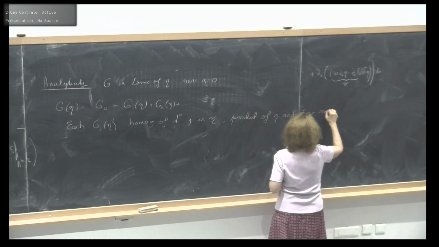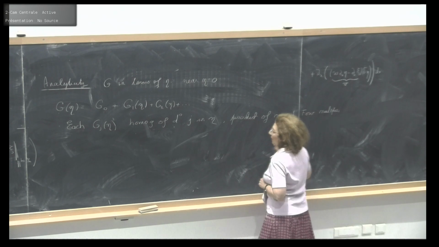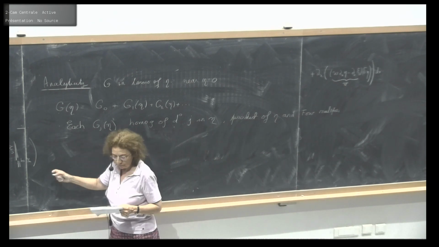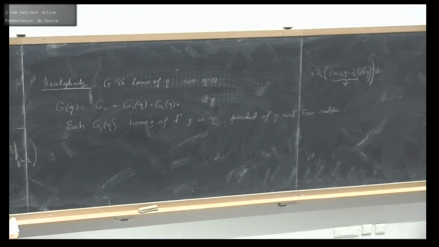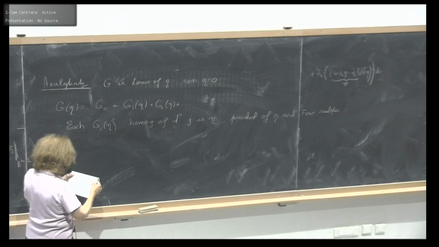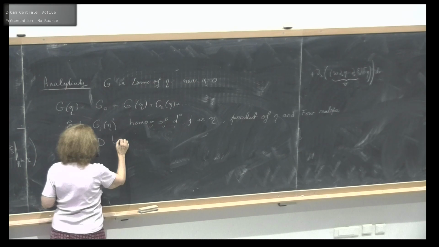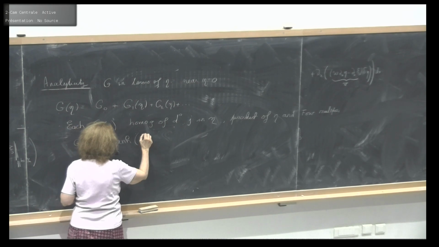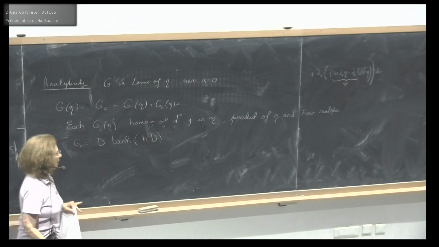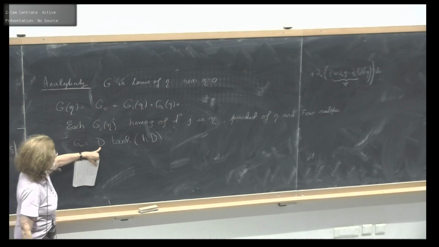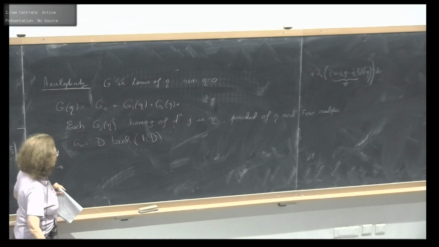So what does that mean? I'm going to write the first few terms and then explain how we find them, where they come from, and then we'll write a more precise theorem. So G0 is the operator that we already introduced because we solved the Laplace problem on a flat strip.